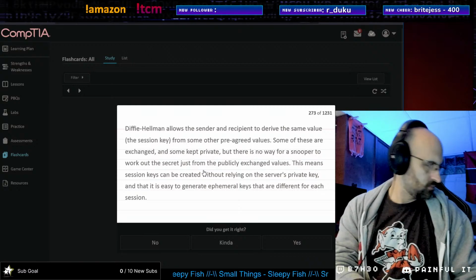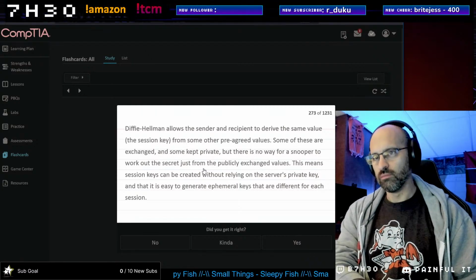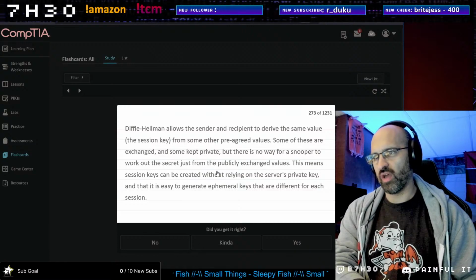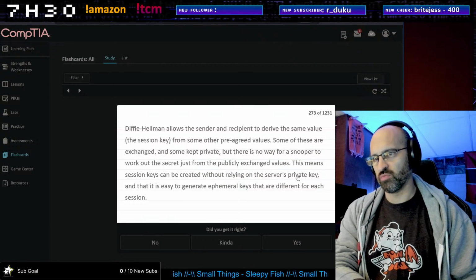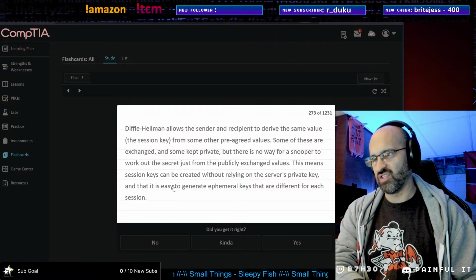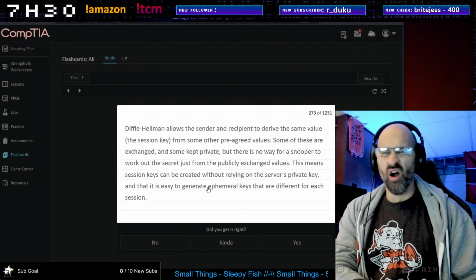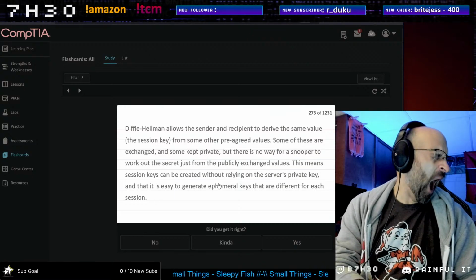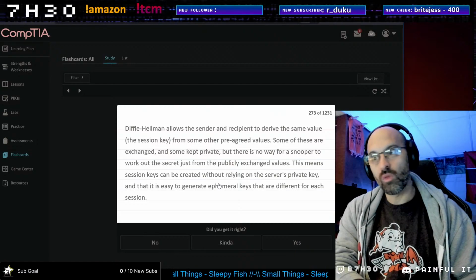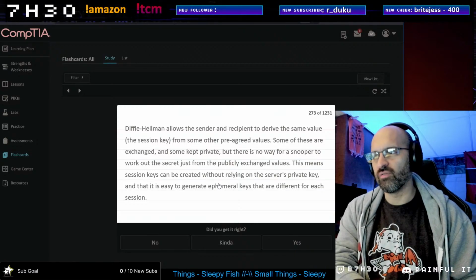This means session keys can be created without relying on the server's private key, and that it is easy to generate ephemeral keys that are different for each session.